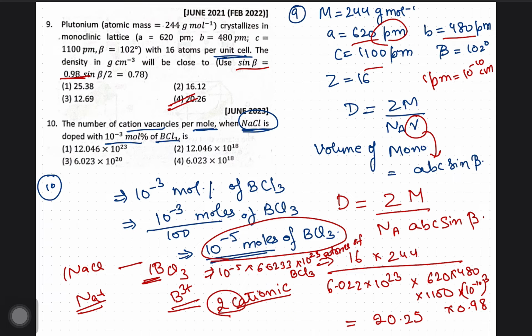For this much you have to multiply it by 2, you will get the answer. So 2 into 10 raised to power minus 5 into 6.022 into 10 raised to power 23. On solving this, you will get 12.046 into 10 raised to power 18. So 2 is the right answer.